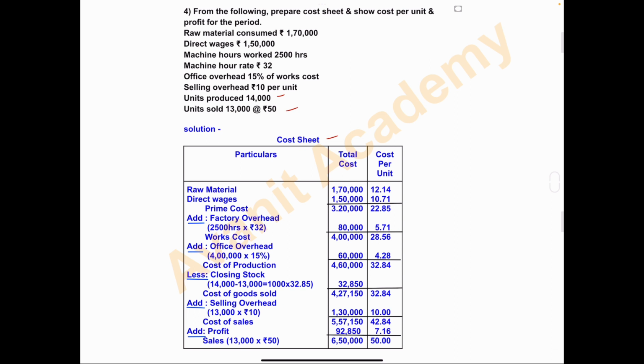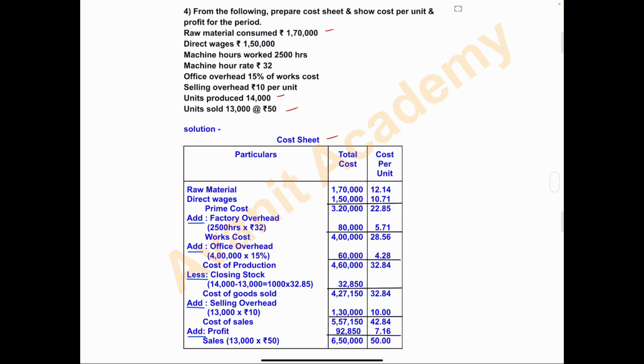First we have to take raw material. Okay, raw material total is 1,70,000. So in total column write 1,70,000. Cost per unit, how will you calculate? 1,70,000 divided by 14,000. 14,000 is the units produced.